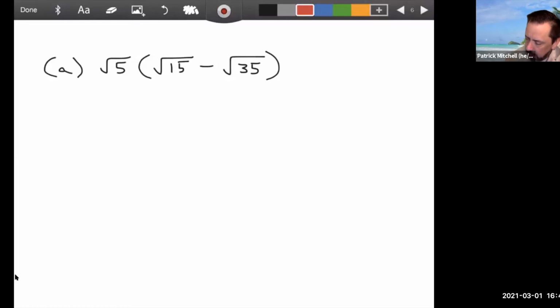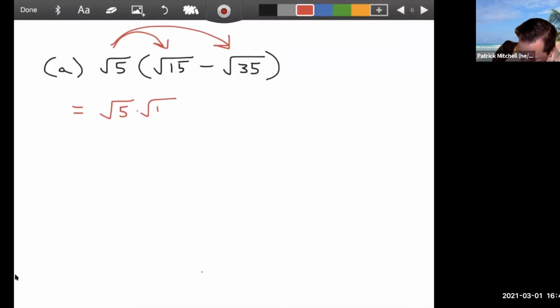So what I'm going to do is distribute the square root of 5. And that is going to give me the square root of 5 times the square root of 15 minus the square root of 5 times the square root of 35.